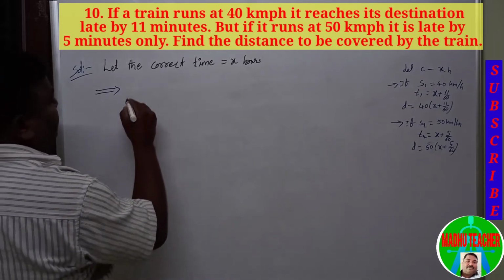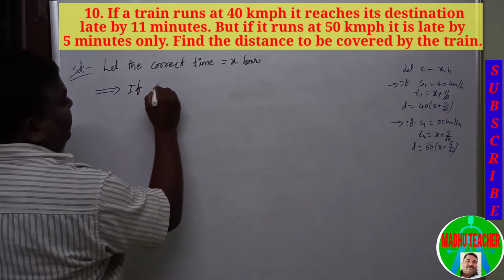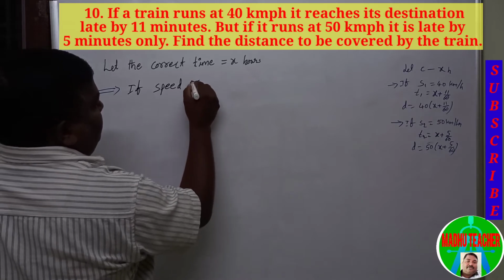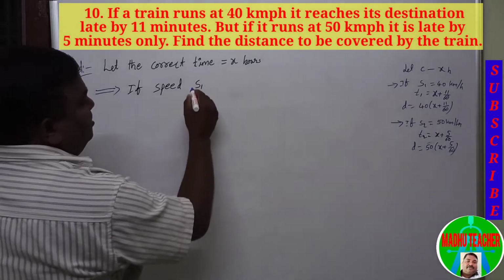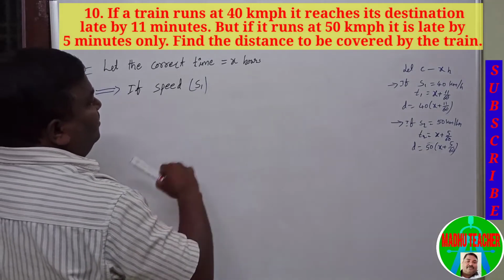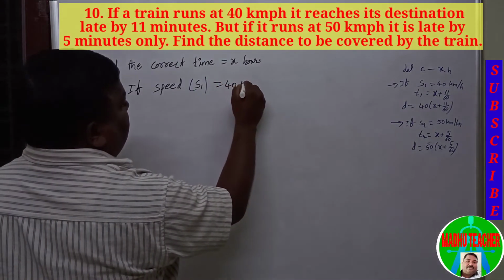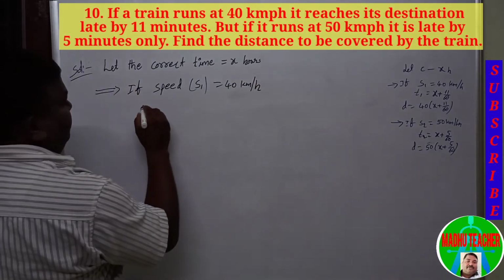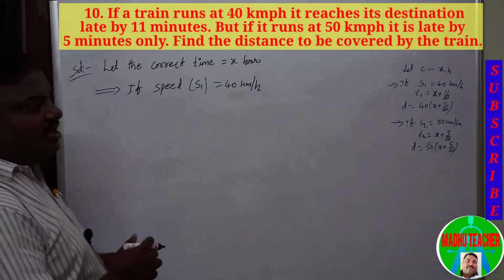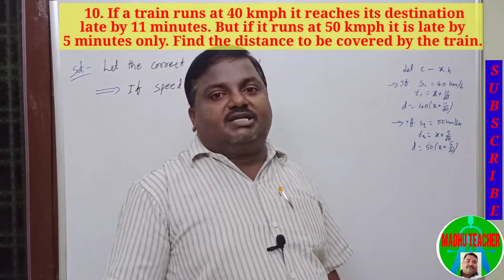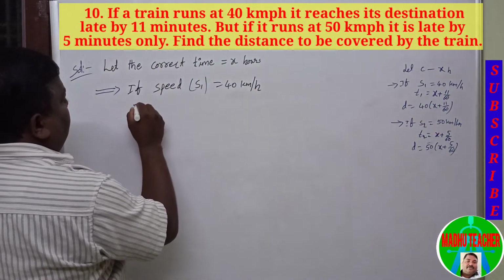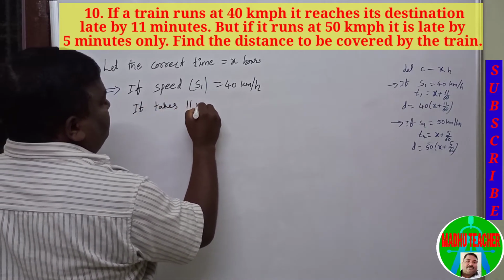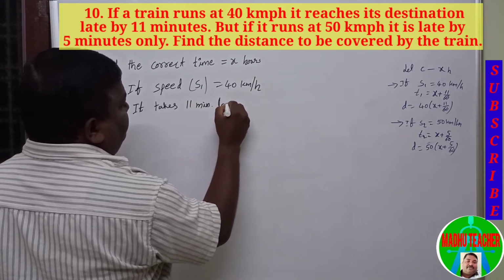If speed s1 equals 40 kilometers per hour, the taken time is 11 minutes late.